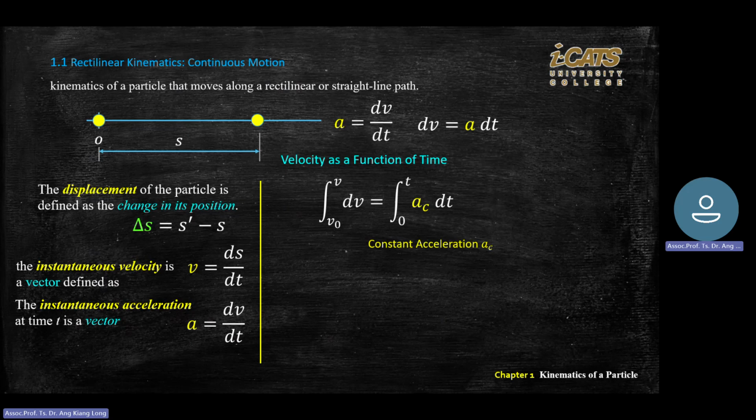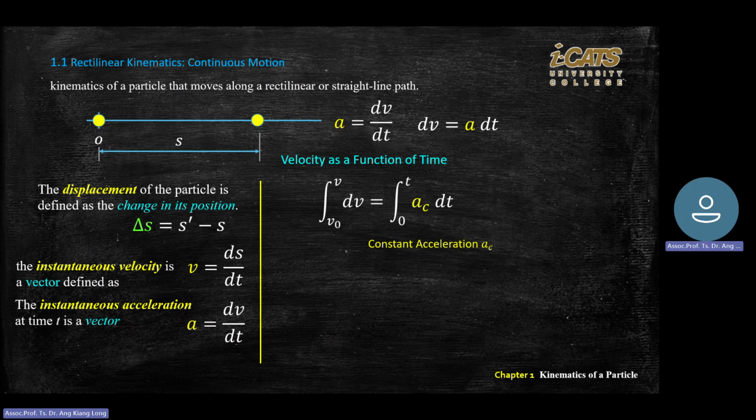In this case, on the right hand side, dt, you integrate time and not acceleration. This is the careless mistake I usually see in the answers. So you need to be sure.